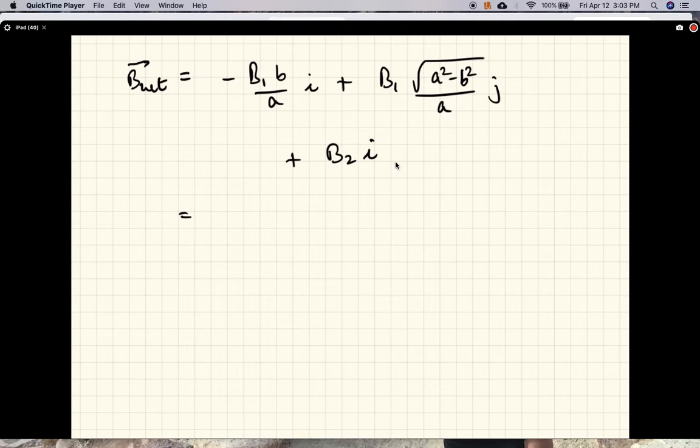So this is equal to B2 minus B1 B over A i plus the j component, B1 times square root of A square minus B square over A.